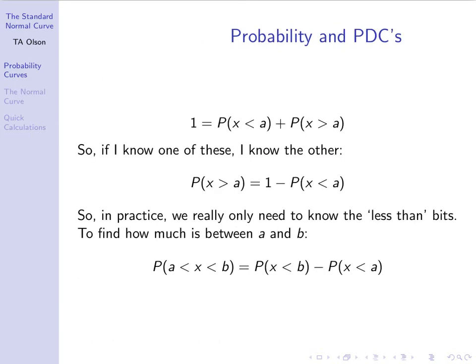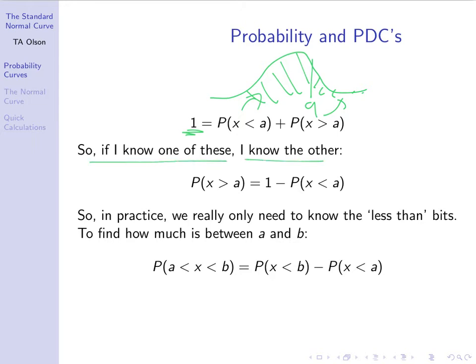All right, so what can we do with this? If the total area under the curve is equal to 1, and I have some point A, that means 1 has to be equal to the area less than A plus the area greater than A. So if I know one of these things, I automatically know the other one.